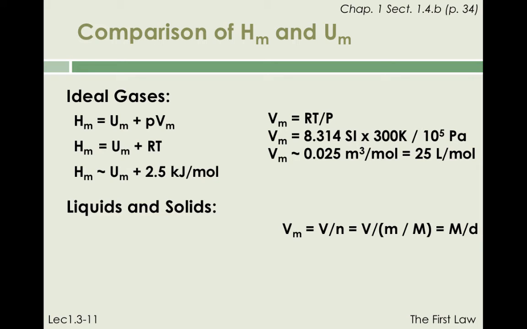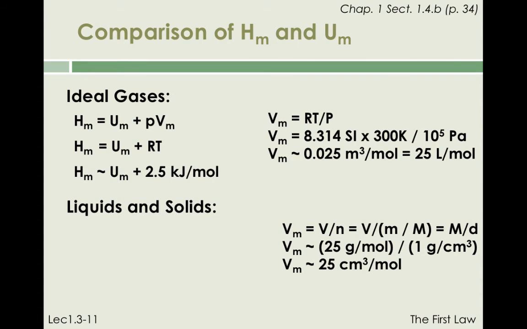Their molar mass ranges from 18 grams per mole to 58 grams per mole. So let us take 25 grams per mole as a typical molar mass in this range. Most organic substances have densities under ambient conditions in the vicinity of 1 gram per cubic centimeter. So for such substances, the molar volume will be of the order of 25 cubic centimeters per mole or 0.025 liter per mole.